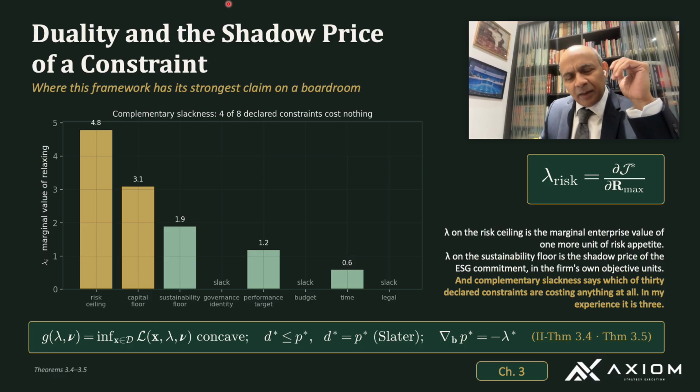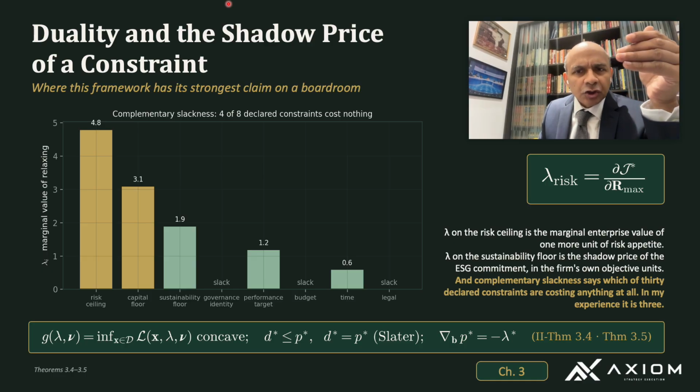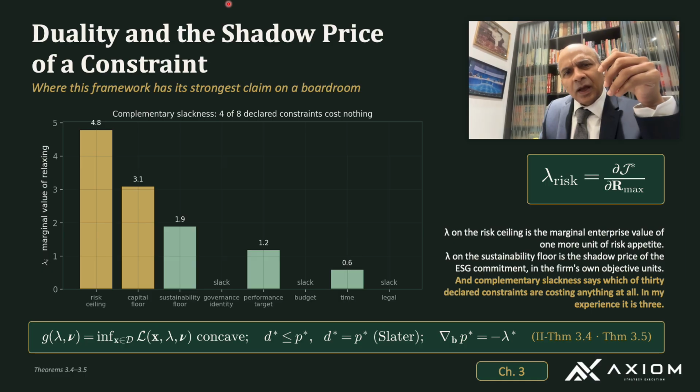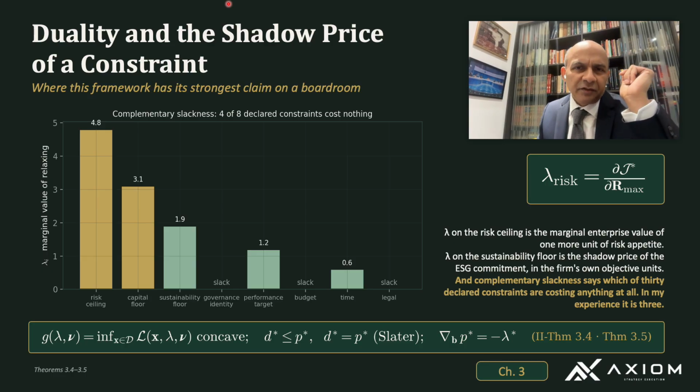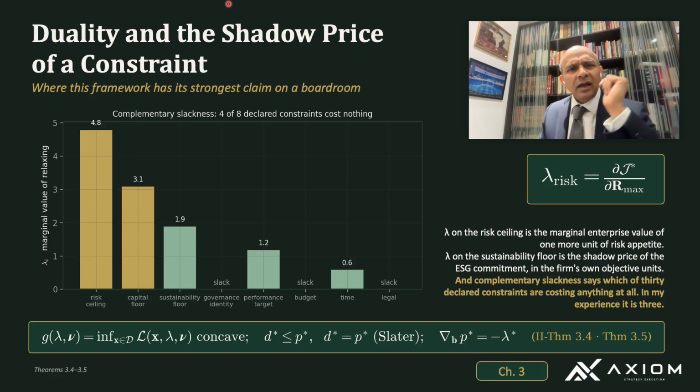The multiplier on the capital floor is the marginal cost of the capital adequacy constraint. Similarly, the multiplier on the sustainability floor is the shadow price of the firm's ESG commitment in the firm's own objective units. So under a convex declaration, they are computed, and complementary slackness tells you which ones are actually binding.